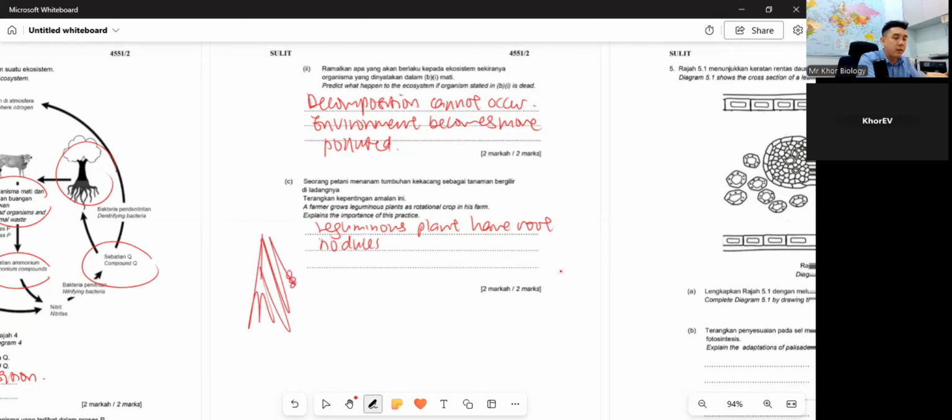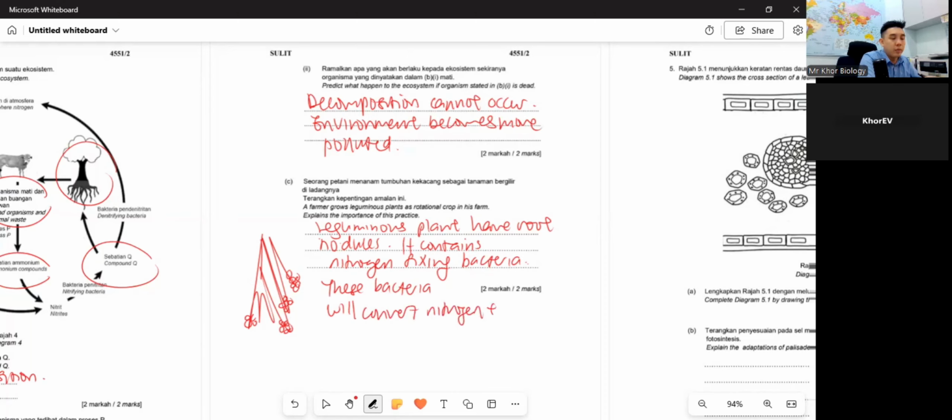All these are root nodules. Why is this important? The root nodules contain nitrogen fixing bacteria. This bacteria will convert nitrogen to nitrate, to be used.